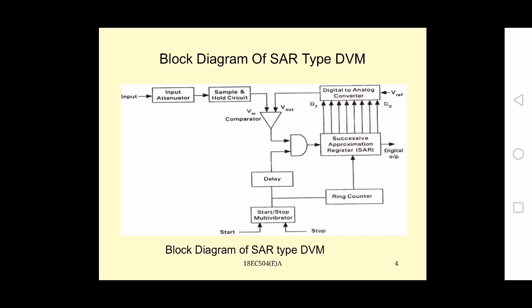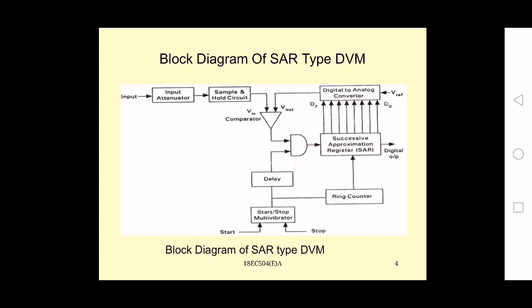The comparator compares the output of the D to A converter with the unknown input voltage, and accordingly provides logic high or low.